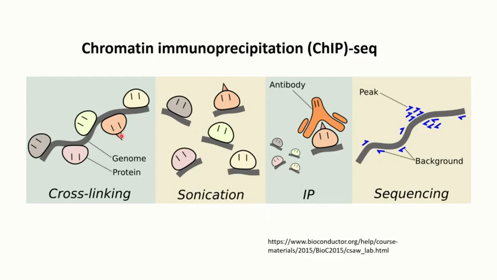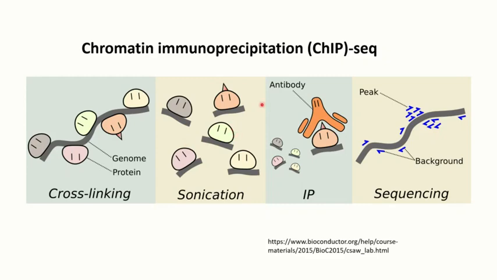If you are interested in this particular transcription factor, with this triangle on top, what you can do is first use a physical approach, sonication for instance, to break up all these chromatin structures. Especially those euchromatin regions will be broken into small DNA fragments. And on each DNA fragment, there is still the binding protein.